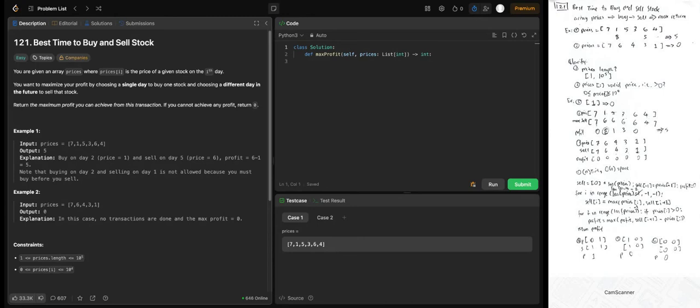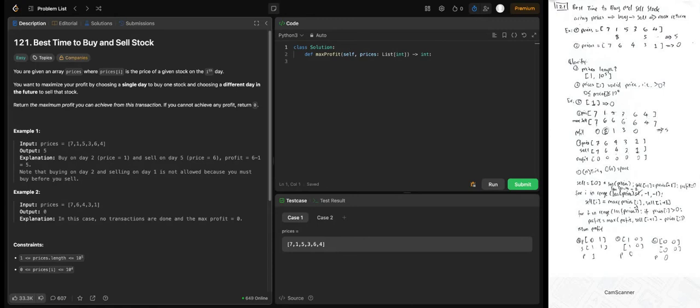And then we are gonna loop through the array again. This time the i will act as the index.